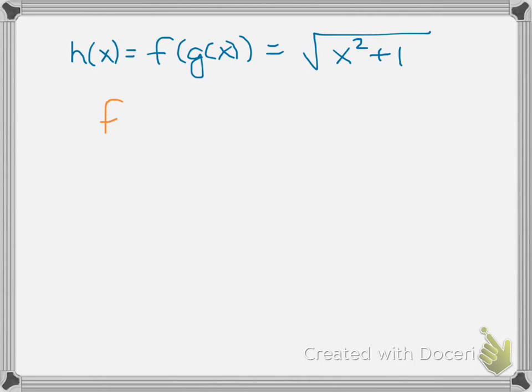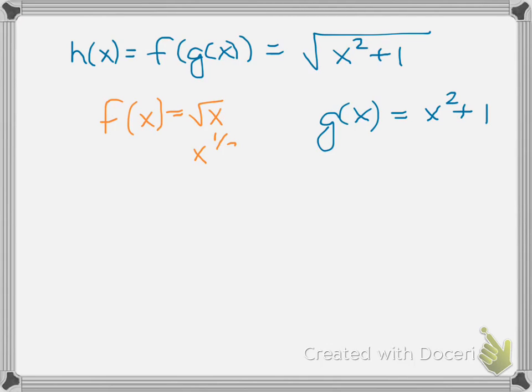So we do have two different functions. We have what we call an outside function and we have an inside function. So let's let the outside function be f of x and the inside function be g of x. So the inside function is really x squared plus 1, no radical, nothing like that, whereas the outside function is simply the square root of x, or we can even look at it as x to the 1/2.